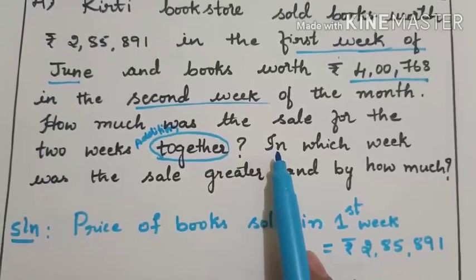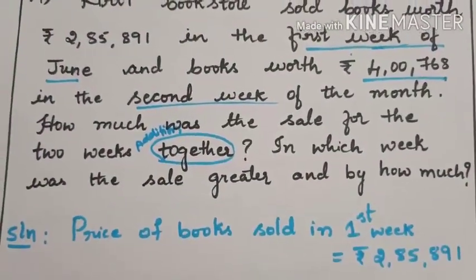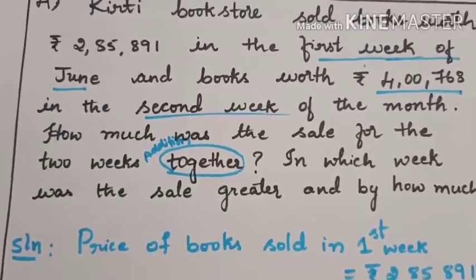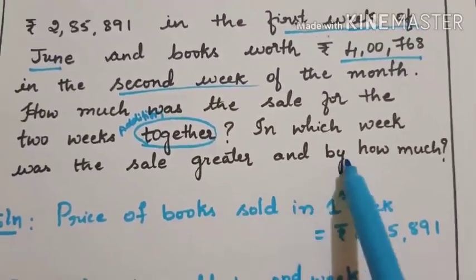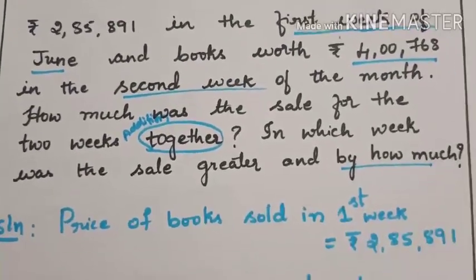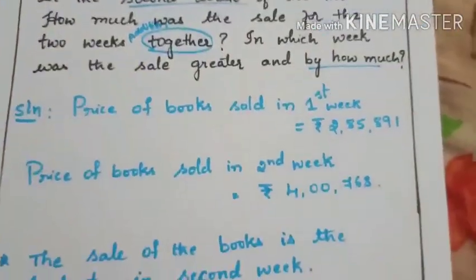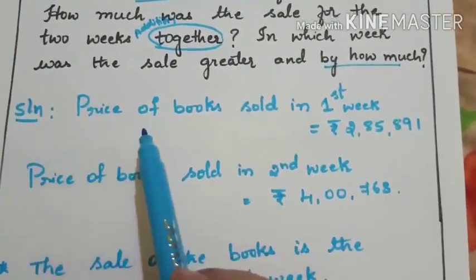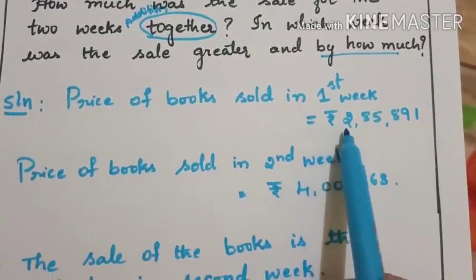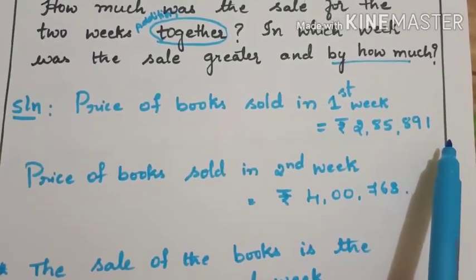And the next, in which week was the sale greater? You have to find out in which week. Is it the first week or the second week? And by how much? How much greater it is? You have to find out. Okay. Let's write the answer. Write down solution. Price of books sold in first week is equal to rupees 2,85,891.